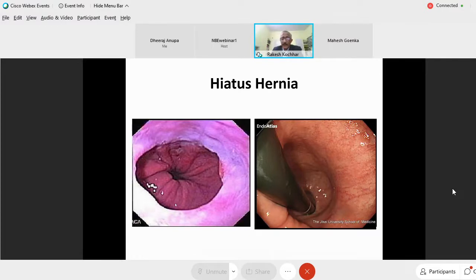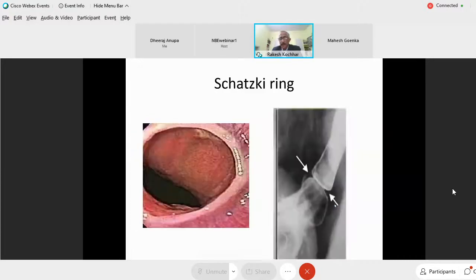This is a hiatus hernia, when the Z line is about 2 centimeters from the diaphragmatic crus. It can be seen equally well from above as well as on retroversion. This is the diaphragmatic impression, whereas this would be the squamocolumnar junction. So this is a hiatus hernia.